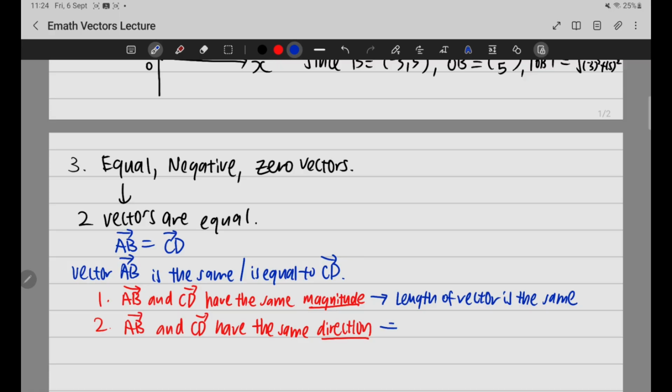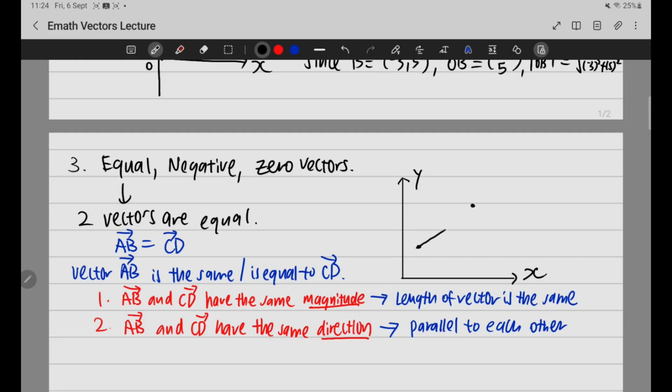And since they have the same direction, they are parallel to each other. So for example, in a y-x plane over here, let's say here is A, B. This is my vector AB.